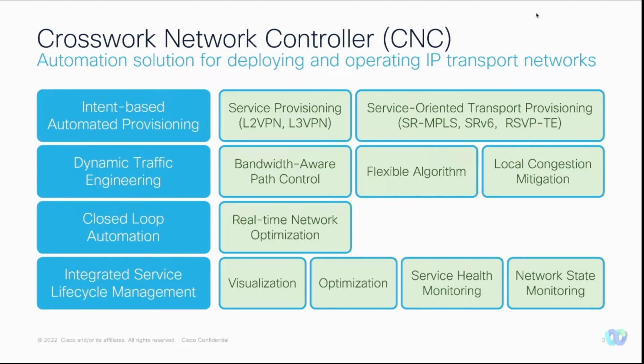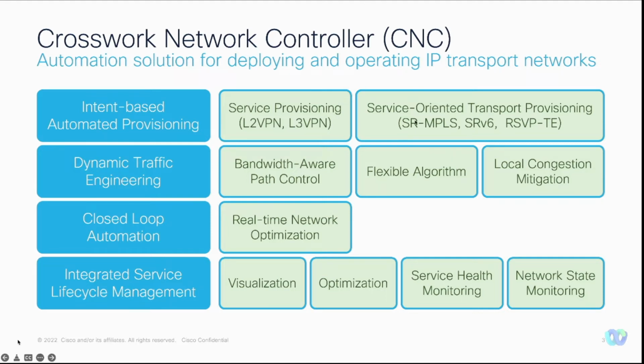Either give me a nailed-up path hop by hop, or give me a criteria that the path should follow, and then pick the best available path and push my traffic to that path, and do that on a real-time basis, right? So those things become very important to have a path compute element integrated with your provisioning and your visualization. So that's the goal with CNC.